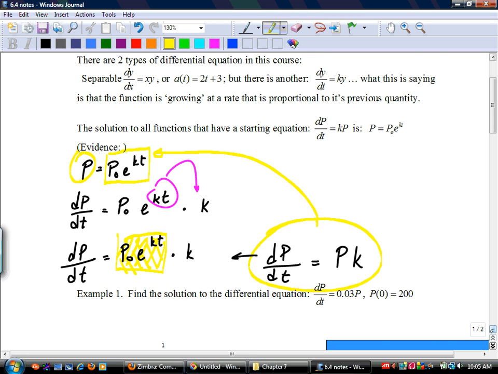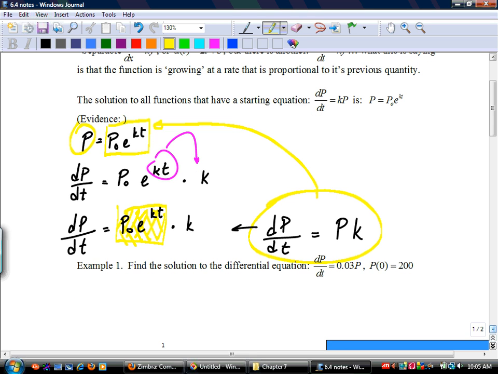So the question I give you right away, example 1: find the solution to the differential equation dP/dt equals 0.03P. So you can identify one thing right away. It fits the form of poke it, and it tells you something.